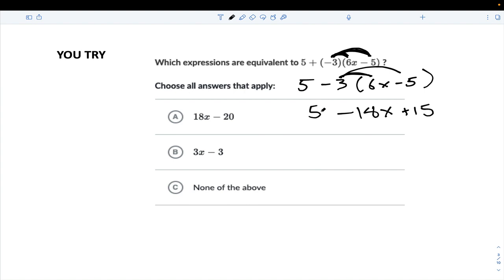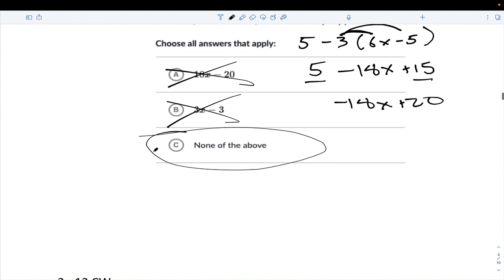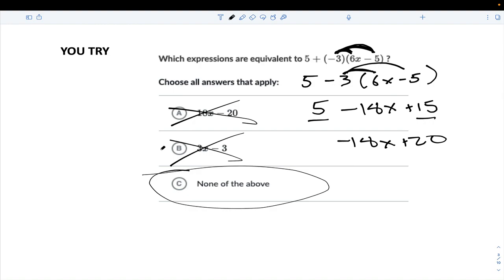So once you put that in, the 5 and the 15 combine to make 20. Is there a negative 18x plus 20 in this option? This is close, but not exact. The 20 is negative. This is our first problem that has no answers. Put none of the above. Chico, make sure this is on your page before you start.